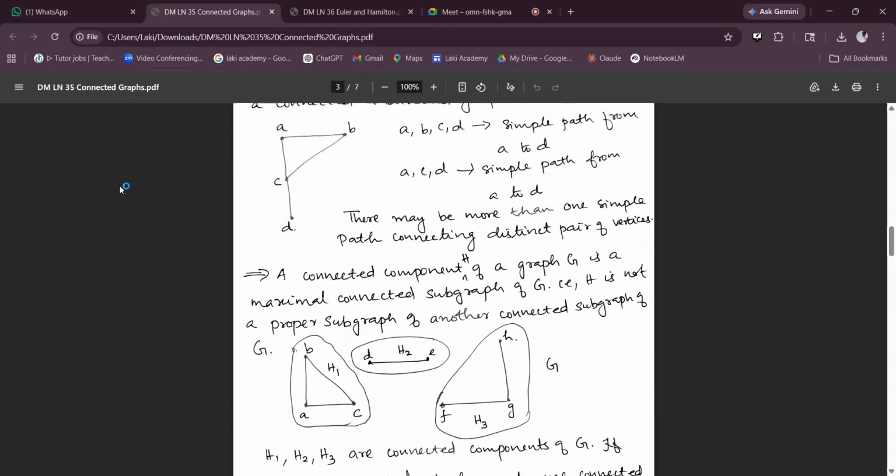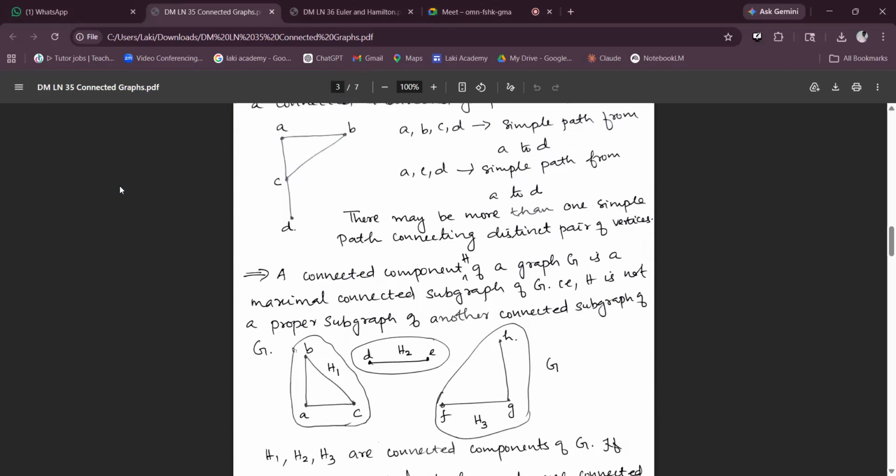I will tell you how the questions are asked. What the theorem is saying is that there exists a simple path from U to V, if there is a connected graph, that's it.